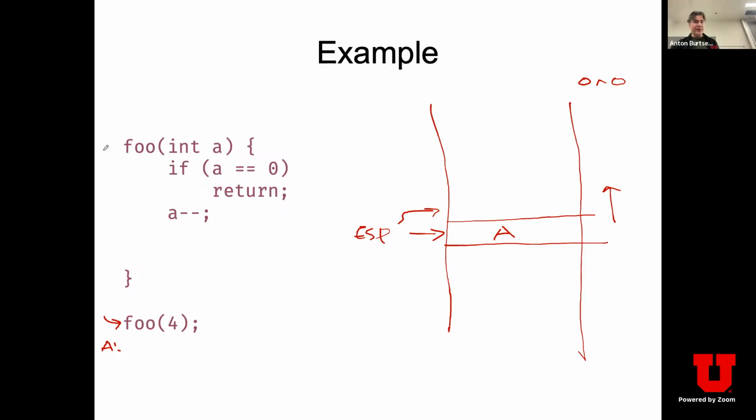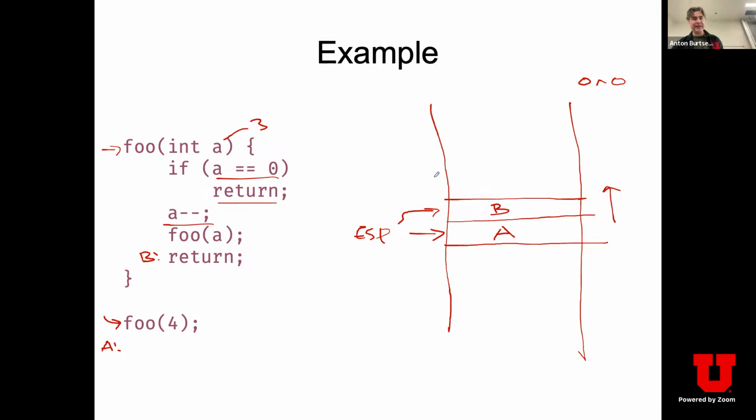So what happens now? You enter the function foo. This is a better example. So you say, if A is 0, you immediately return. Since A is 4, we decrement A, call foo again. Imagine this is address B. It gets pushed on a stack here, B, right? You again enter function foo. A is now 3.